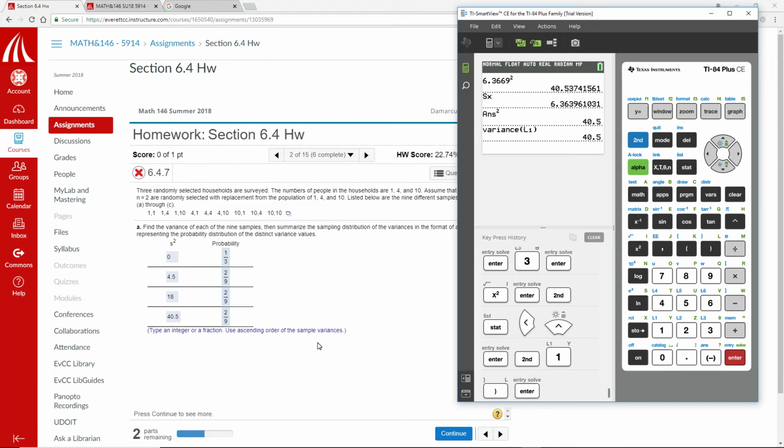But I thought you had mentioned that one was for sample and the other one was for population.